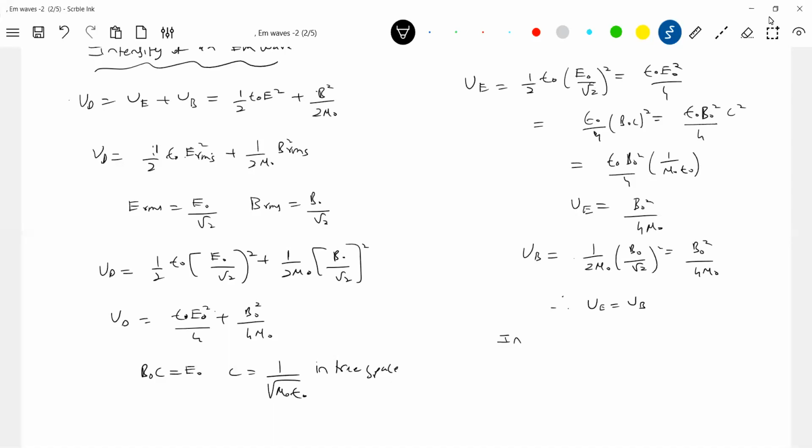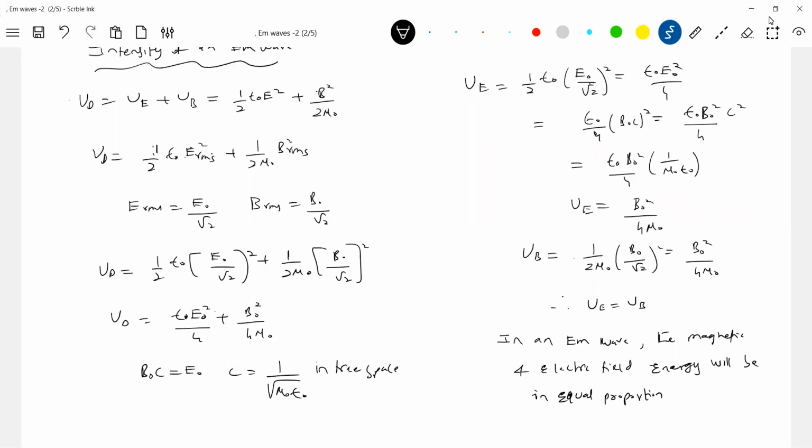In an EM wave, the magnetic and electric field energy will be in equal proportion.